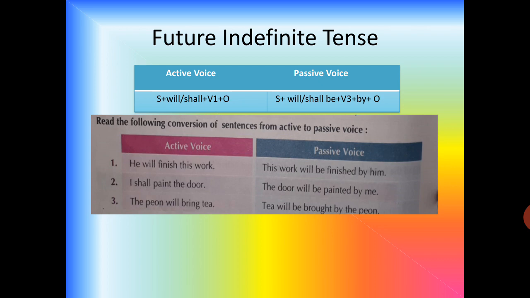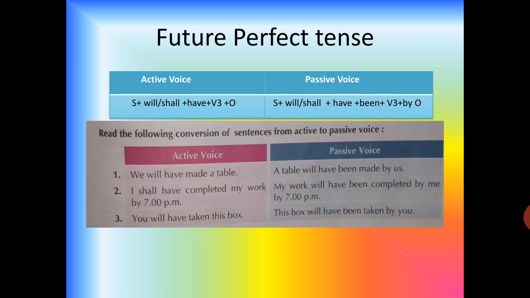Clear? Now coming to the next and the last tense, future perfect tense. In active voice, how will you recognize future perfect tense? Yes, subject plus will or shall and have with verb's third form. Like, we will have made a table, you will have taken this box. But when we change it into passive voice, just add been there, like we were doing lastly in past perfect and present perfect.